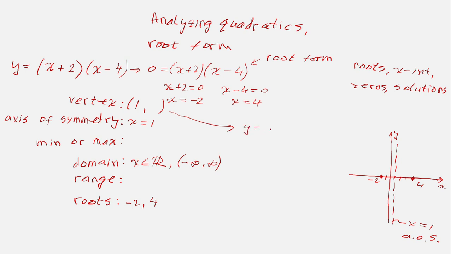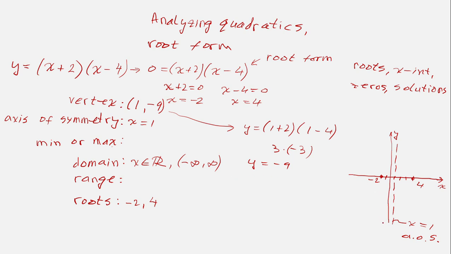So y equals 1 plus 2 times 1 minus 4. So this here is 3, this here is negative 3, so y is equal to negative 9, right? 3 times negative 3 is negative 9. So the vertex is at 1 comma negative 9.